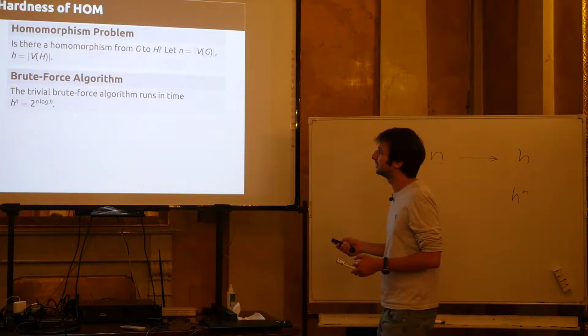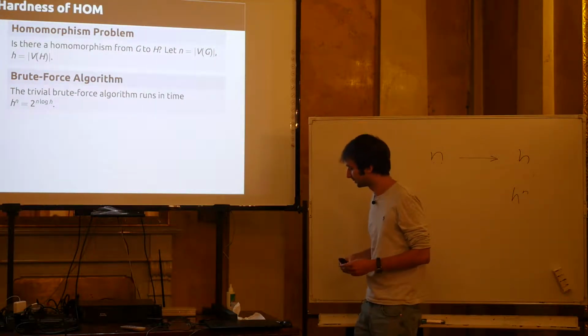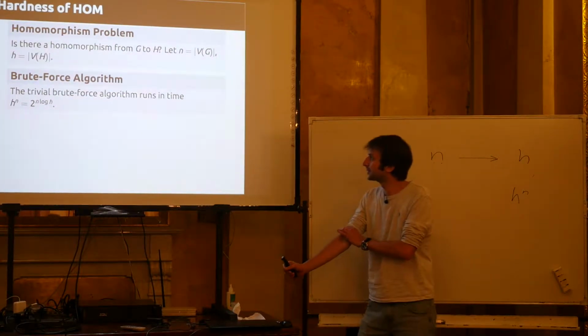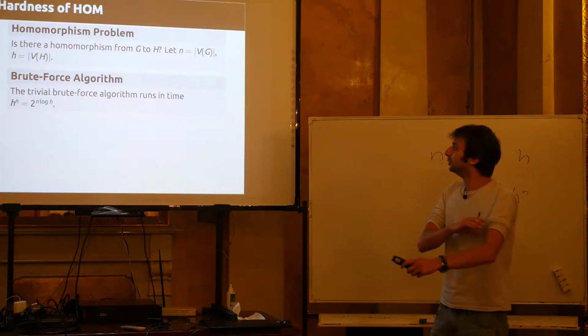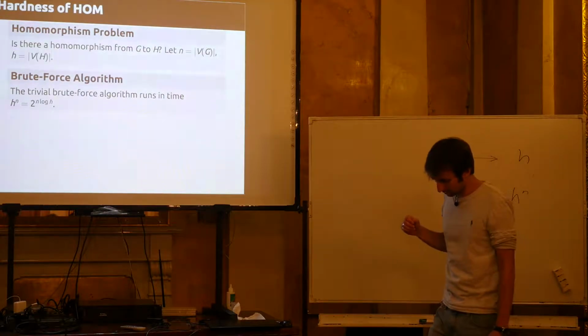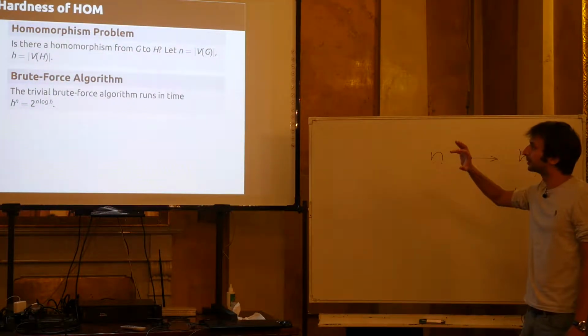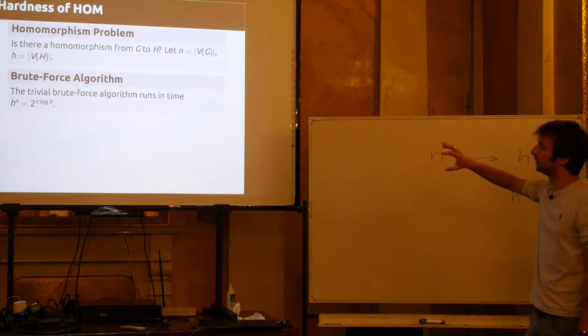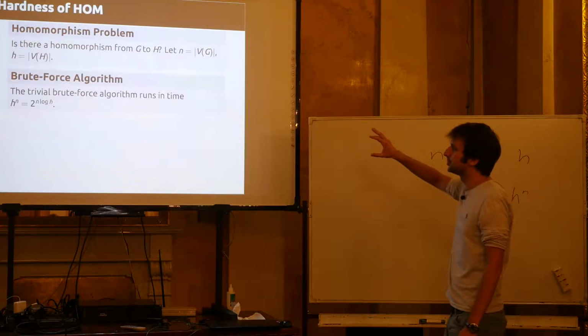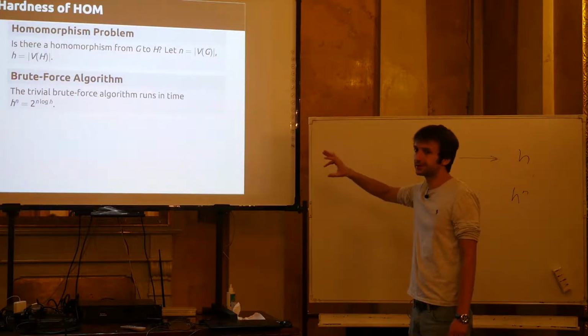I'll be using this notation, 2 to the n log h, later on. And also an important thing in this talk will be that we talk about graph homomorphism where the right graph H can be of arbitrary size.